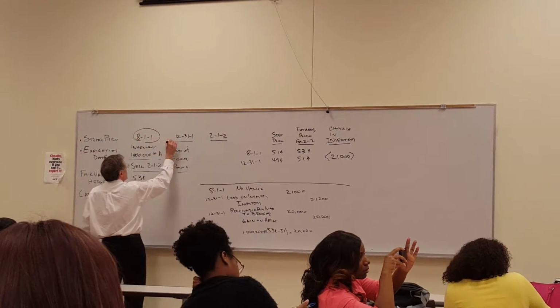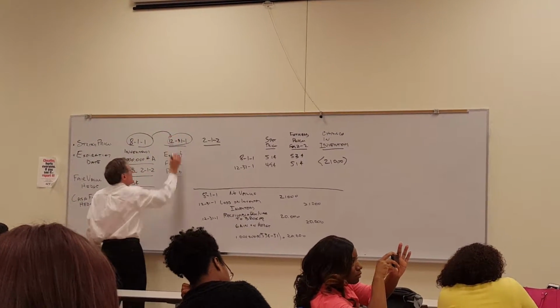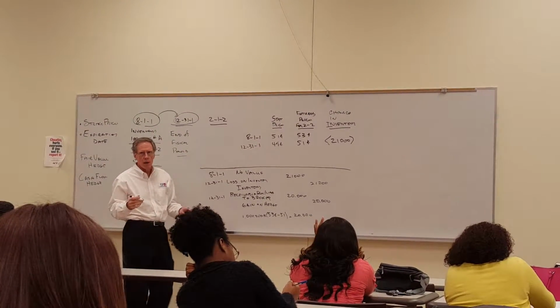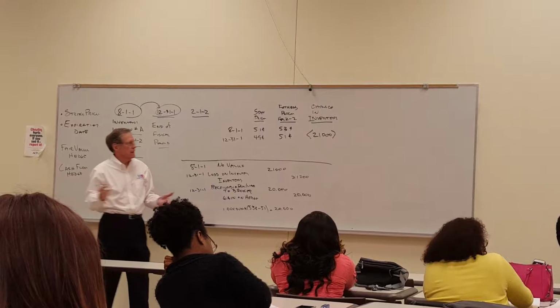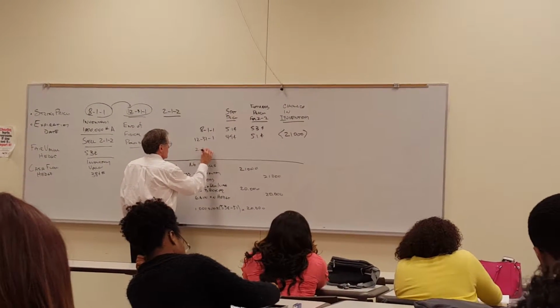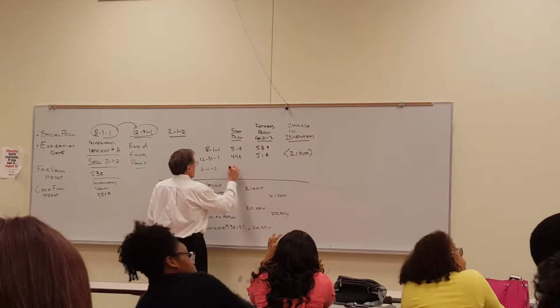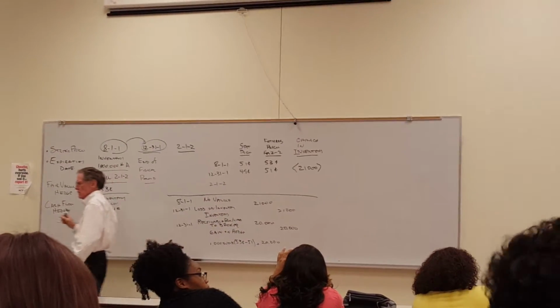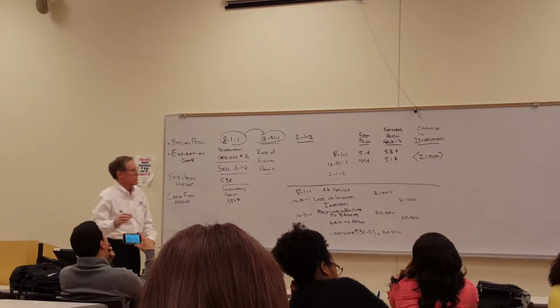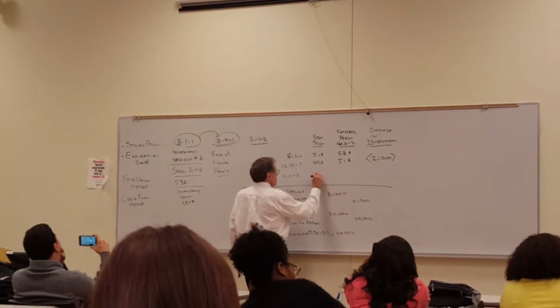So we have gone from 8/1 to 12/31. Now we're going from 12/31 to February 1. What's the first thing we're looking at? We're looking at the spot price. And now the spot price, I think, is 52 cents.